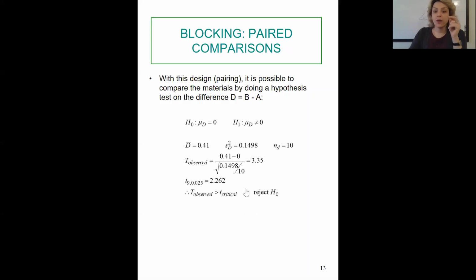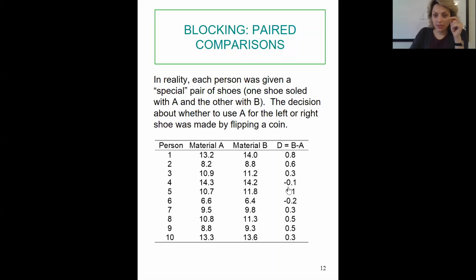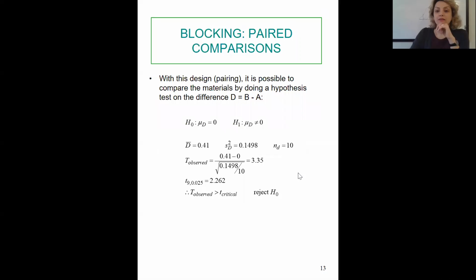Here we are just working with this D. We don't compare A and B anymore. We have one set of data of the D: D1, D2, D3, D4, and so on, 10 differences, right? And then we have T observed and T critical.